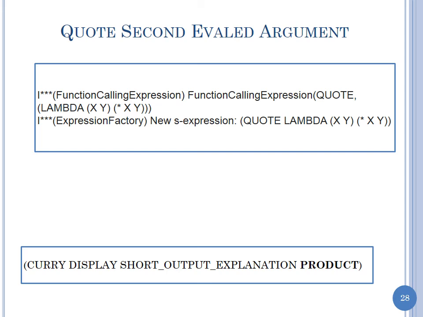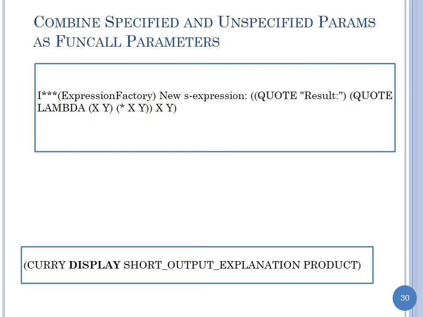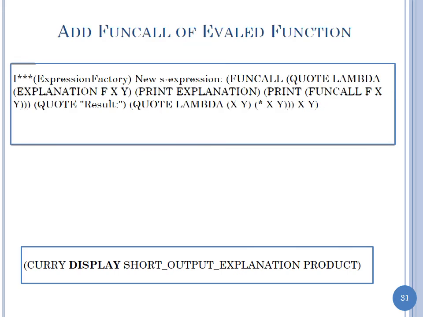and add it to the list we create, the first argument. Then you go and get the unspecified parameters, okay, which are x and y, and you build a list. You combine the specified and unspecified parameters as FUNCALL parameters, as a list of FUNCALL parameters. I'm going through this a little quickly because we've got the idea.